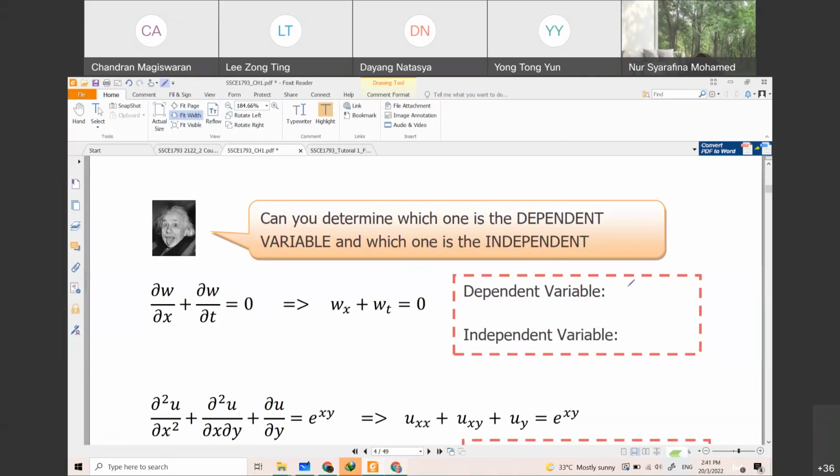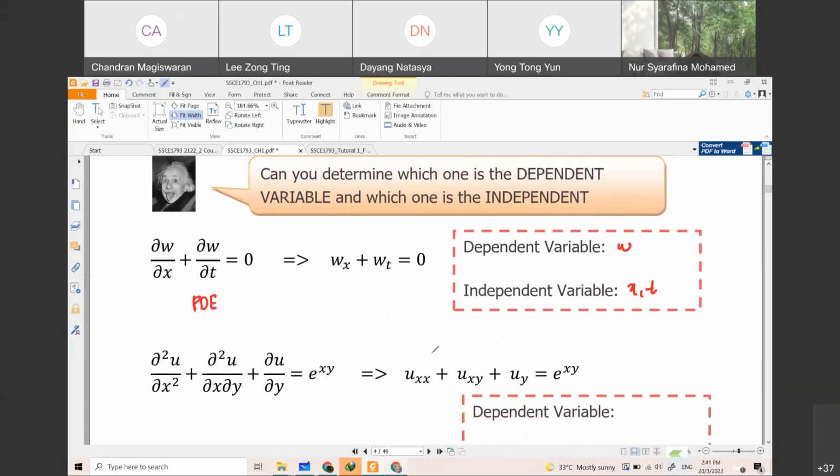Dependent is W. Independent is X and T. So, considering the number of variables here, is it an ordinary or partial differential equation? Partial differential equation. All right, good. So this is a PDE.